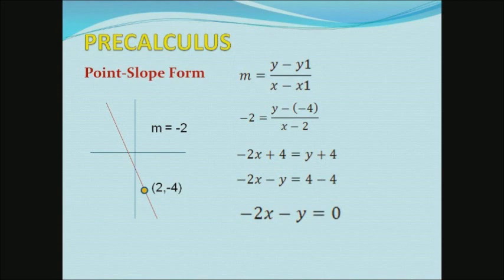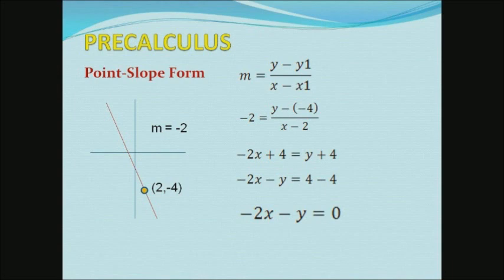And so again, we will put all the terms with variables on the left side of the equation and constants on the right side of the equation. We will now have negative 2x minus y equals 4 minus 4. So as you can see, what will happen here, we will arrive at the equation negative 2x minus y equals 0.